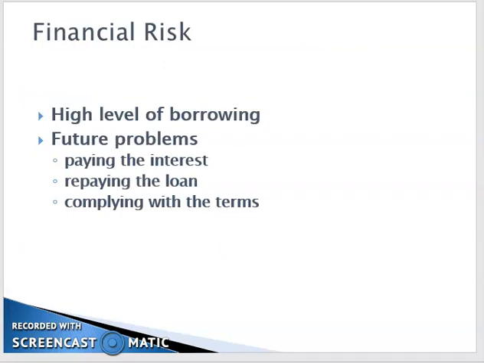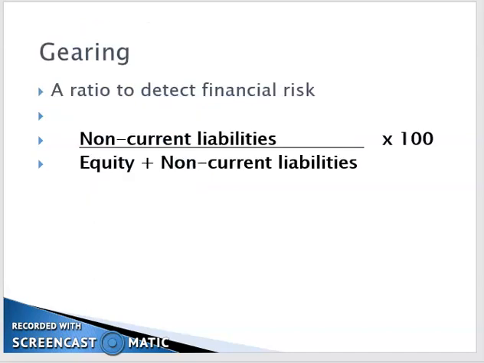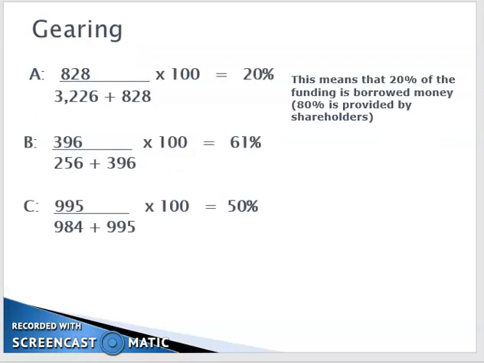Moving on to financial risk. A company with a high level of borrowing may have trouble in future paying the interest, repaying the loan, or complying with the terms of the loans. The ratio to detect financial risk is gearing. Here's the formula for gearing, and here are the results for our three companies.